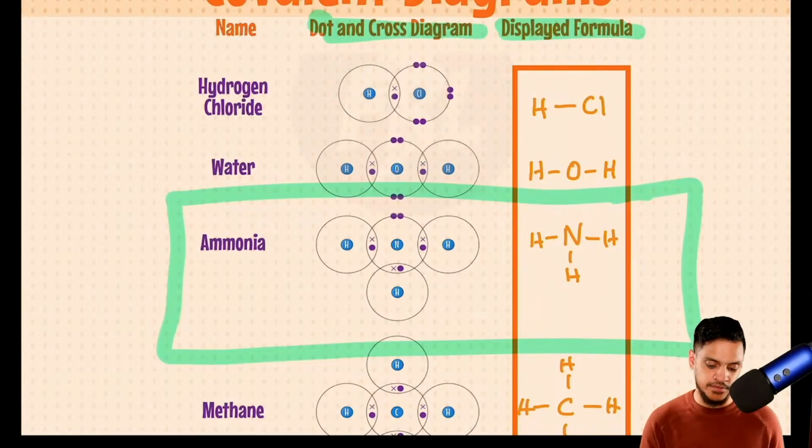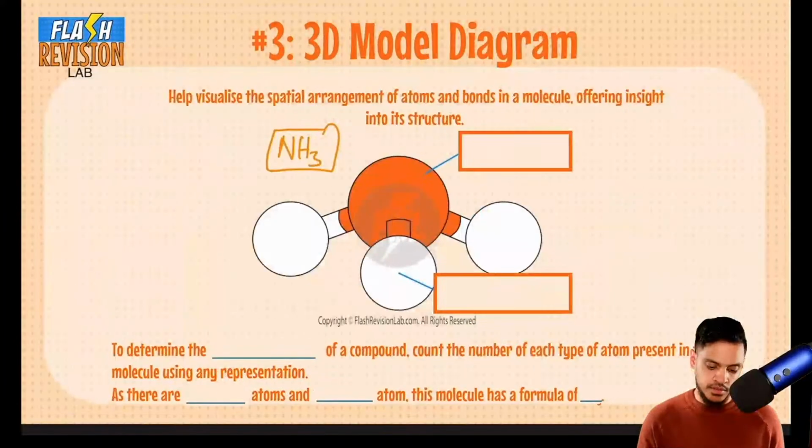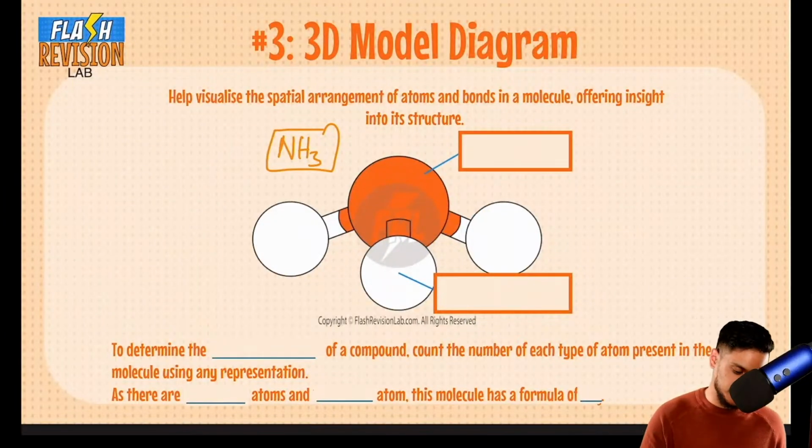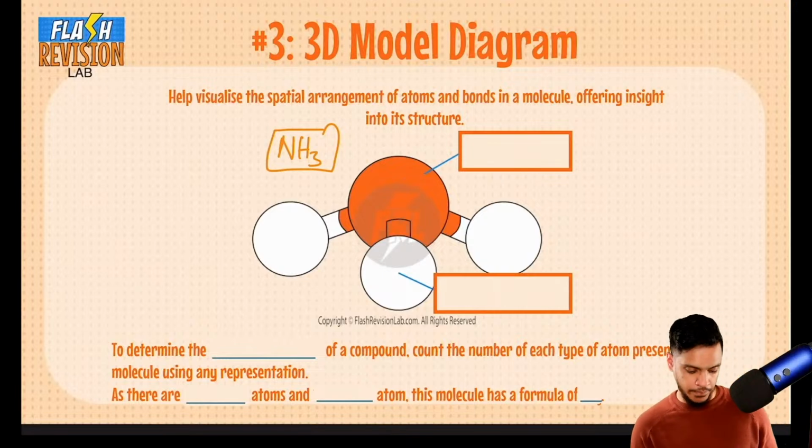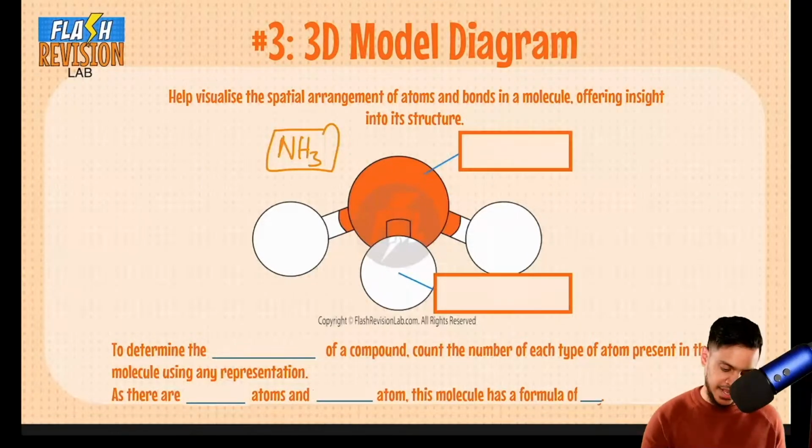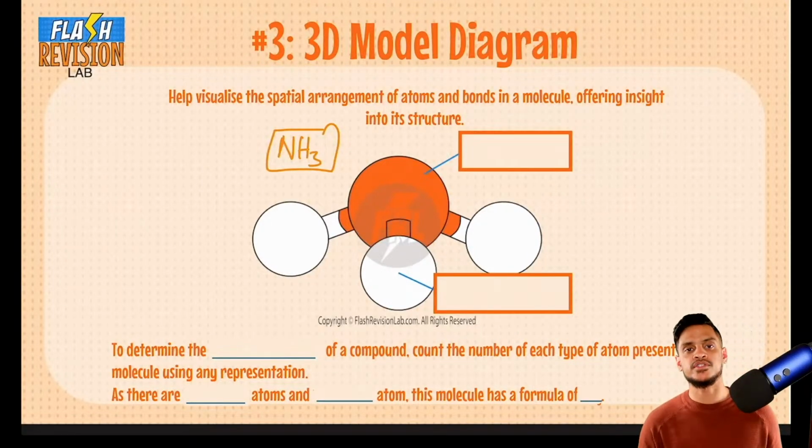Then you've got the displayed formula. It's much simpler, but it doesn't show you electrons and it doesn't show you the 3D arrangement. These ones do show you the 3D arrangement. What do you think some disadvantages of these would be? Let me know in the chat. I'll fill in these atoms. What do you think a disadvantage of having a 3D model diagram is?